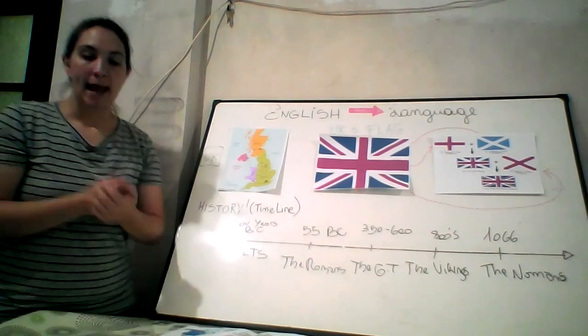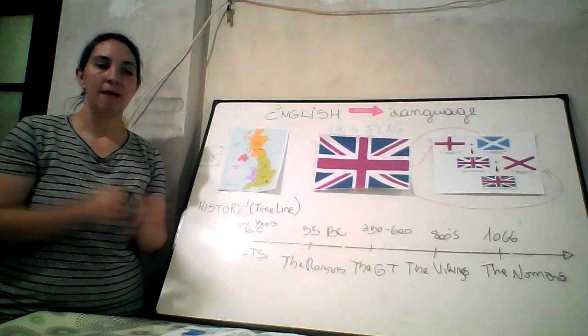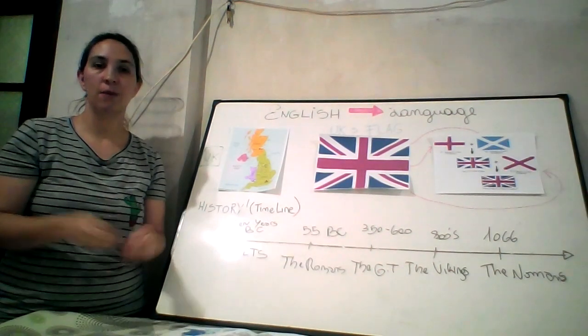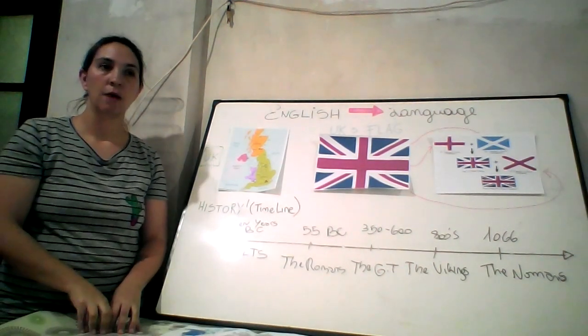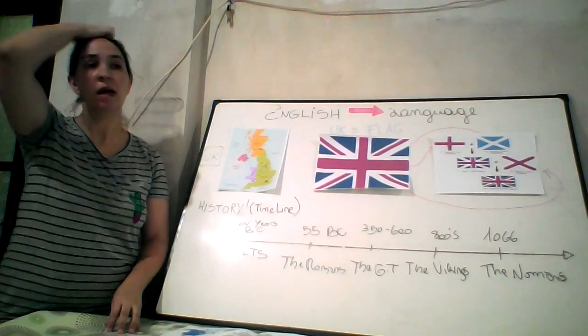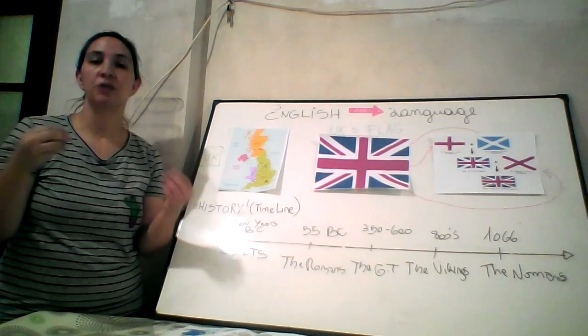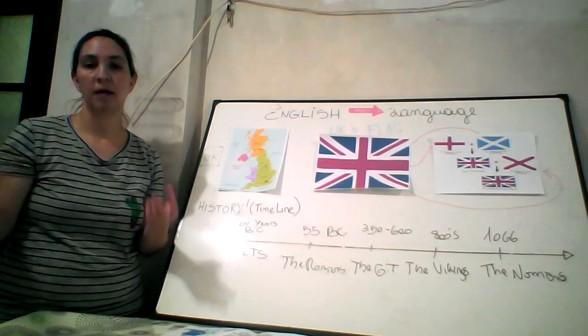Now I am going to mention something connected with this and literature. You gave us a poem called The British by Benjamin Zephaniah, and he talks about the mixture of the languages which made up English.